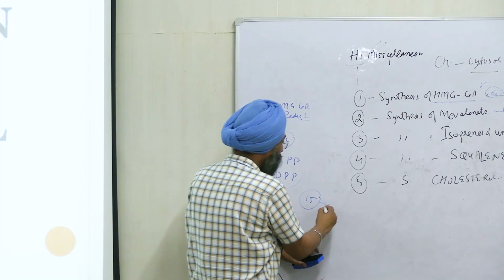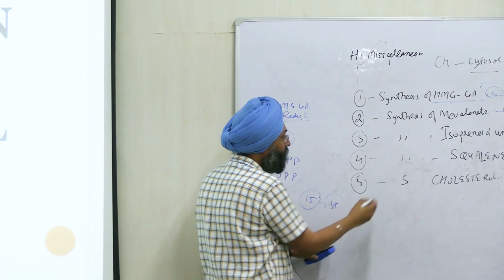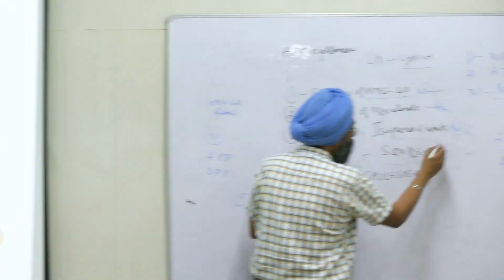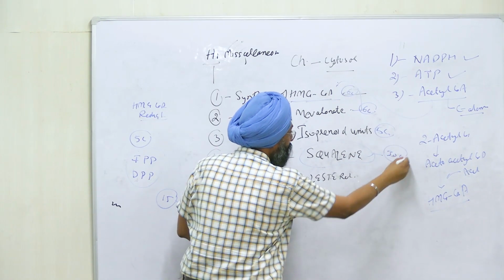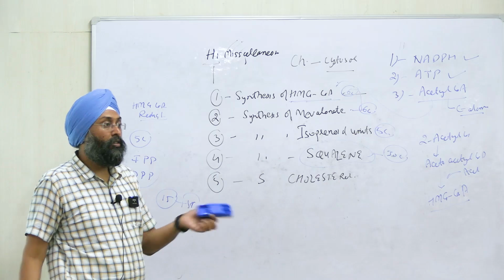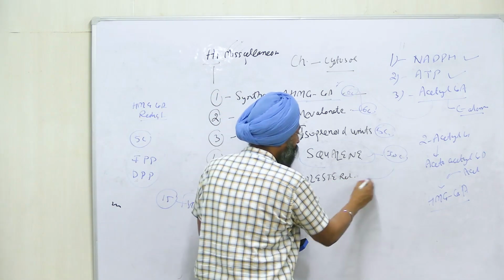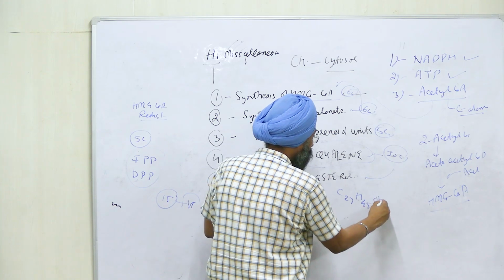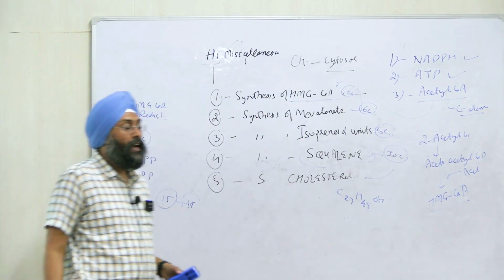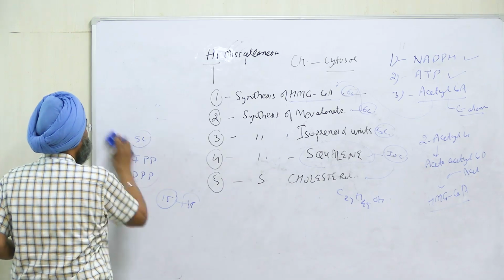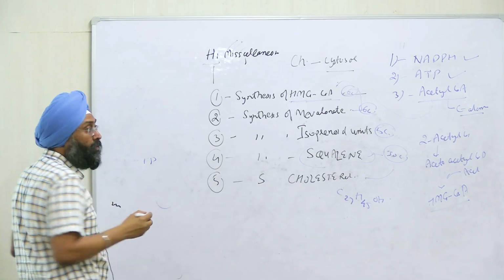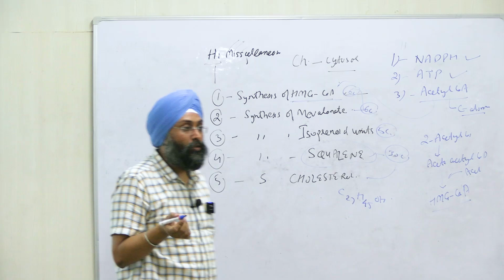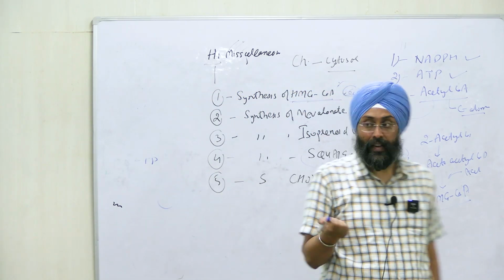Then 15 carbon will combine with 15 carbon to form squalene, 30 carbons. From 30 carbon it will be reduced to form cholesterol, that is C27H45OH. We also did the structure of the basic steroid nucleus. What was the formula? Cyclopentanoperhydrophenanthrene, 3 nuclei.